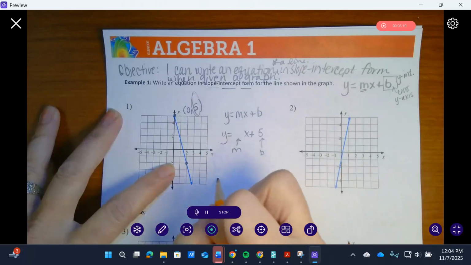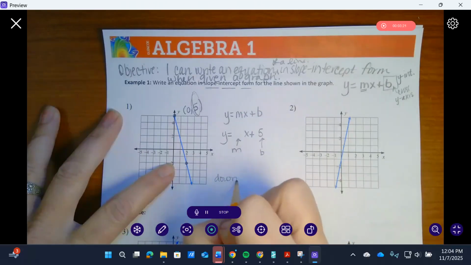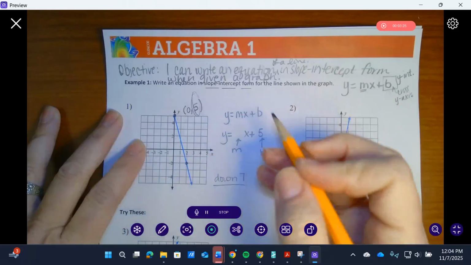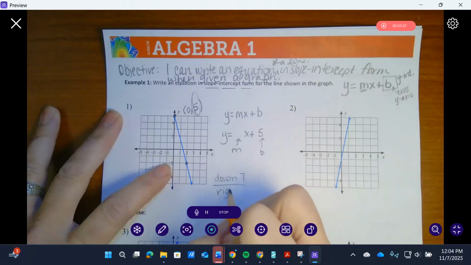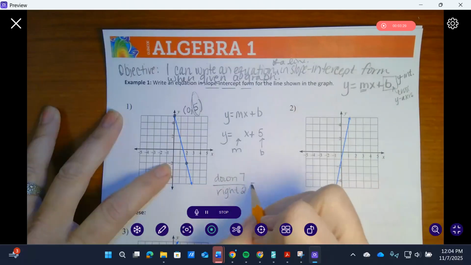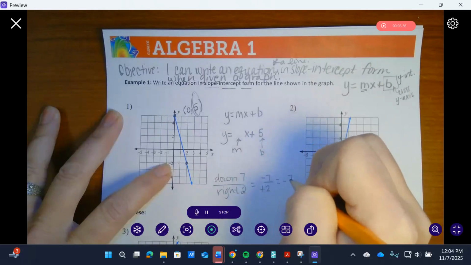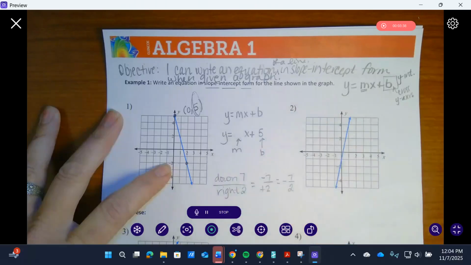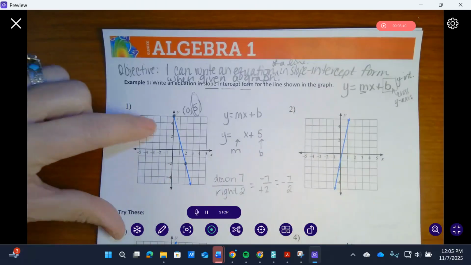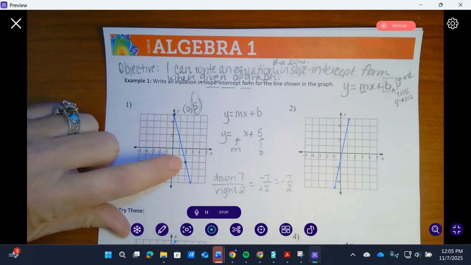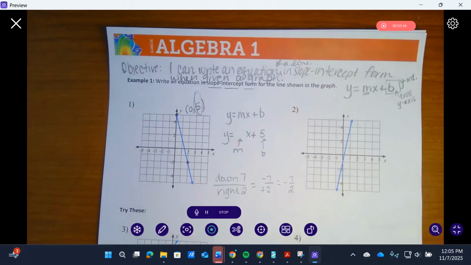I'm just going to make a note of that. I went down 7, and then I went right 2. If I go down 7, that's a negative 7, and a right 2 is a positive 2. So my slope is negative 7 over 2. So for every change of 7 vertically, I do a change of 2 horizontally.